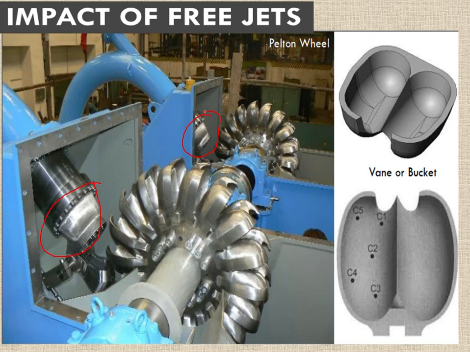Because of the change in momentum, the wheel rotates. And in the pump or in the compressor, by using the impeller or the piston, we compress the fluid or we push the fluid, by using the impeller or the blade or the pistons.